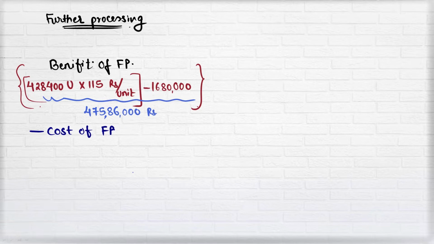But if I was not going to further manufacture, then also I would have sold this product. Then at what rate would I have sold this product?